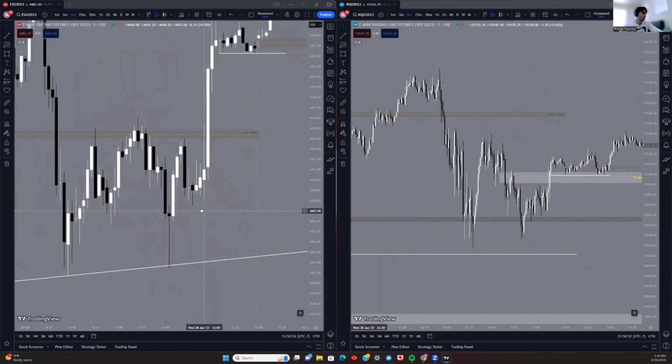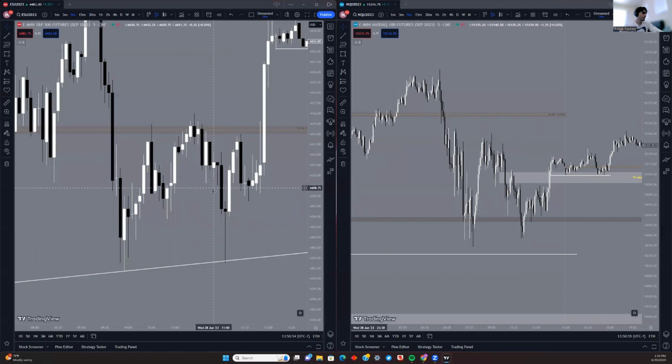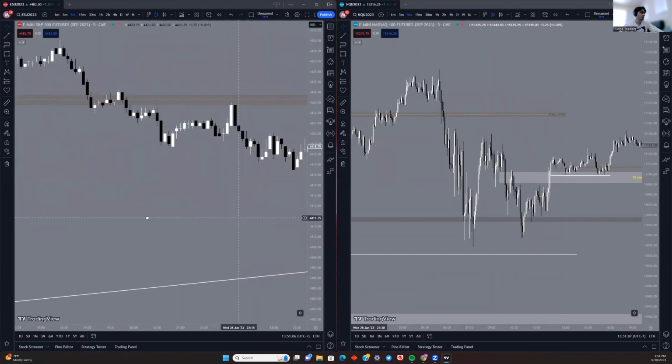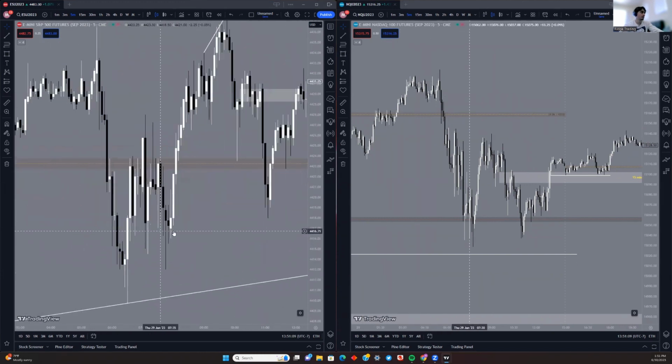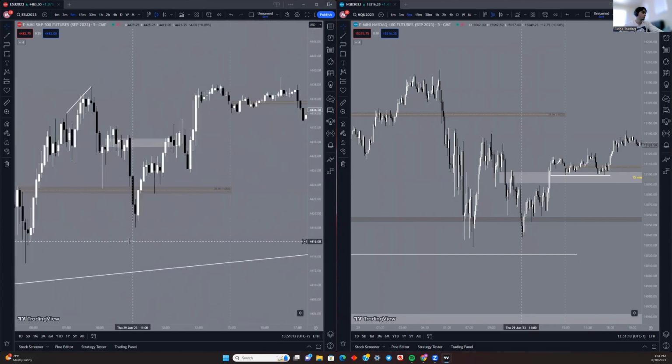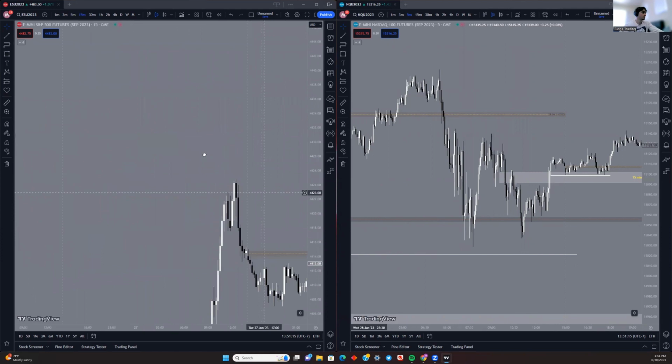So for example, where was it? Was this 1205? That was the 28th. I'm all messed up here. 29th, right here. Cool. Maybe it was the 15-minute chart here.